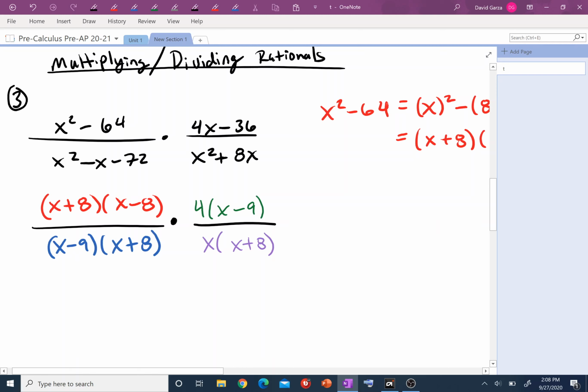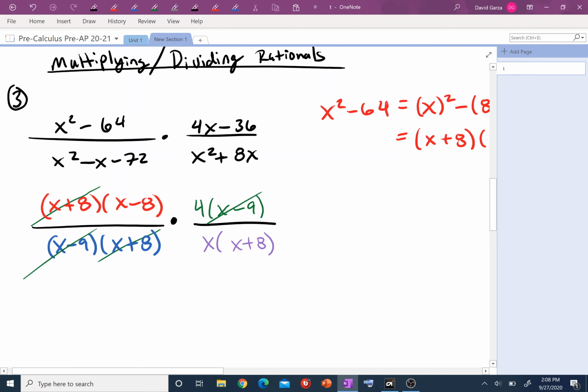Okay, so then what we're going to do is we know that we have an x plus 8 and an x minus 8, right? So in this case, let's go ahead and cancel these out maybe. What do they have in common? Let's see here. I'm going to cross out this x plus 8 with this x plus 8. And this x minus 9 with this x minus 9.